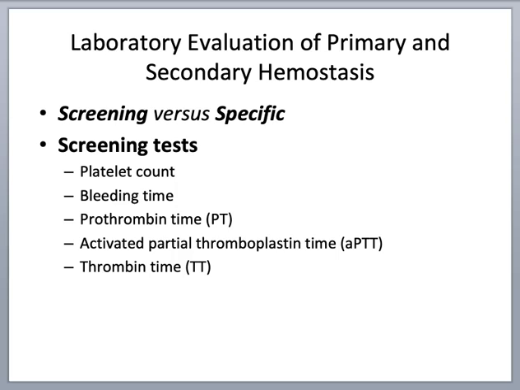It's a deceptively easy test, but of course it's subject to many false negative and false positive results. And so it's just a crude measure of bleeding.